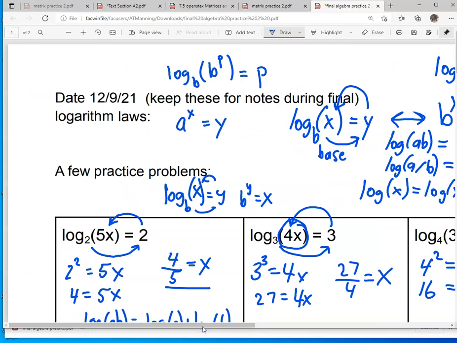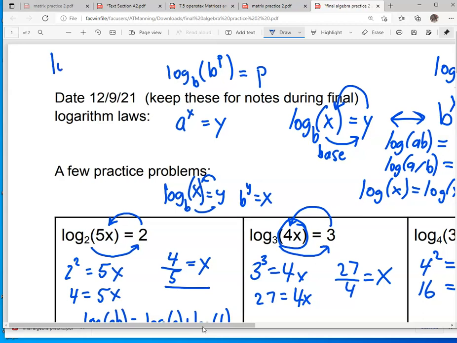When I have the same number to a power in there, it's simpler. But again, there's another rule. Log base b of some number, any number, not necessarily b, to some power p is equal to p times log base b of that number a.